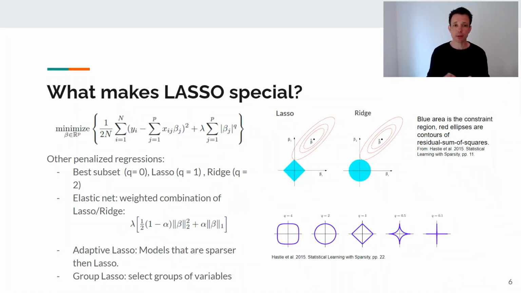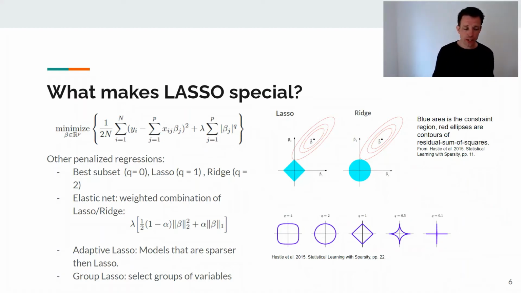For example, a common choice is q equal to 2, which would mean that this expression is the sum of squared coefficient values. And that is ridge regression. You can also have q equal to 0, which is then best subset regression, or you can have all kinds of other values as well.